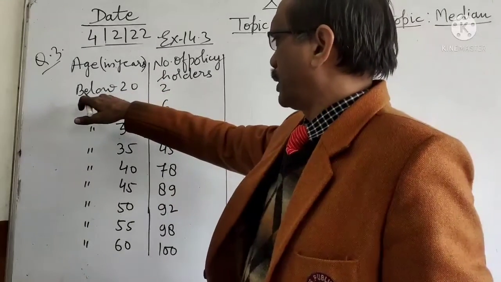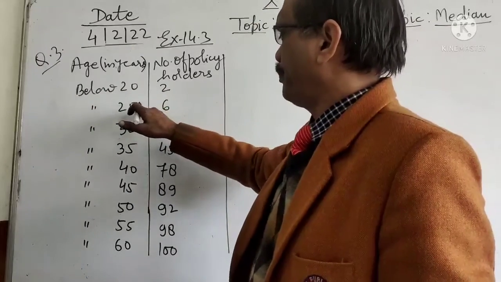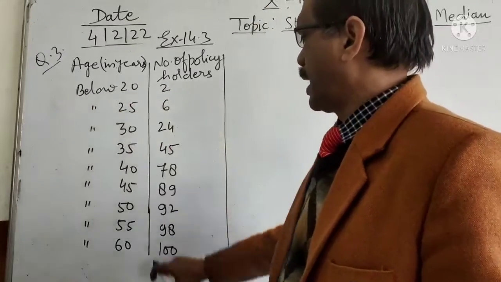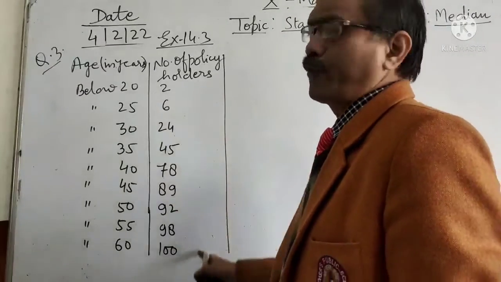So, up to age 20, that is 18 to 20, there are 2. Then below 25, 6, and so on. Dear student, this is the cumulative frequency.